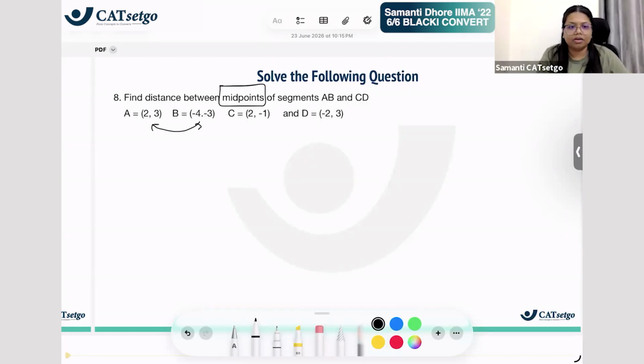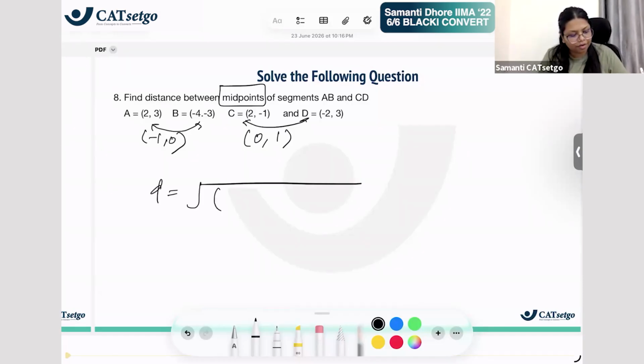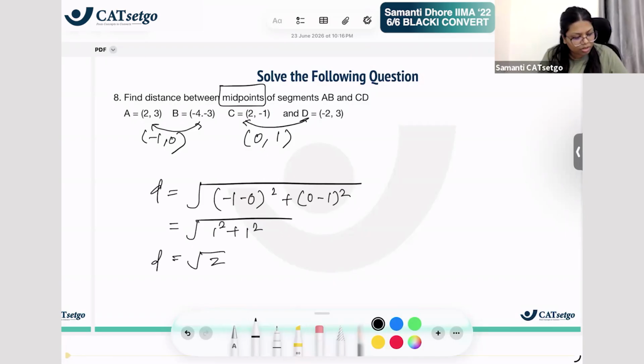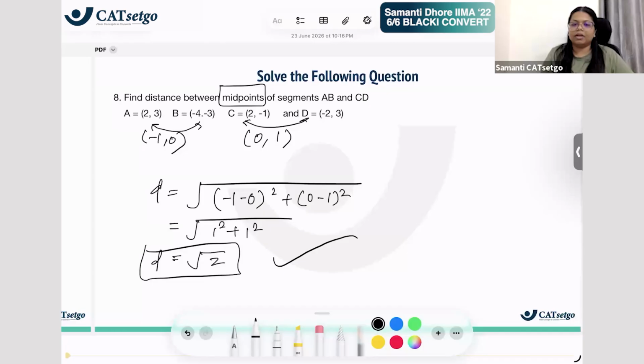You find the midpoint, अभी निकाला था वैसे हमने, so it was -1, 0. What is the midpoint here? 0, -1 plus 2, 0, 1 है, right? Then what is the distance d? d is under root of x1 minus x2 whole square plus y1 minus y2 whole square, which is basically 1 square plus 1 square, which is equals to root 2. What is the distance between the midpoints of these two lines? It is root 2. Okay, fair.